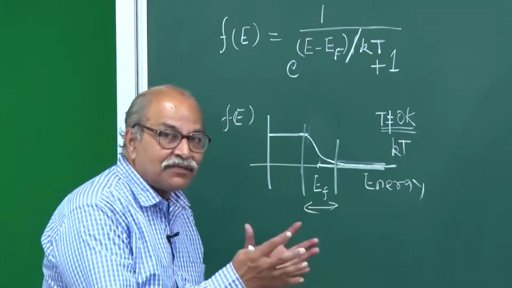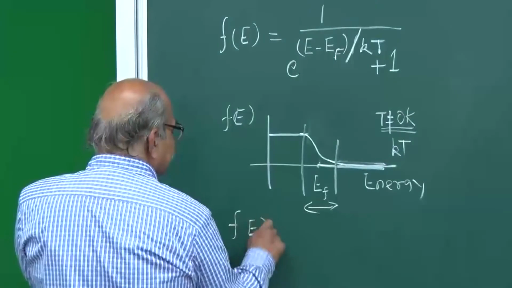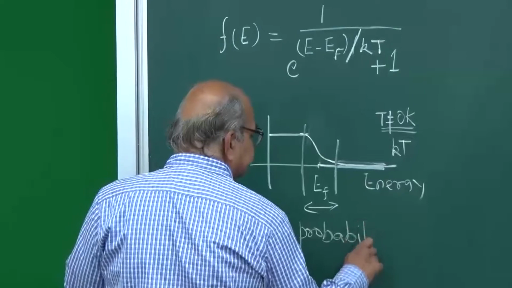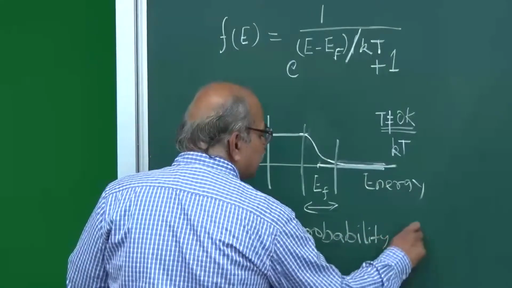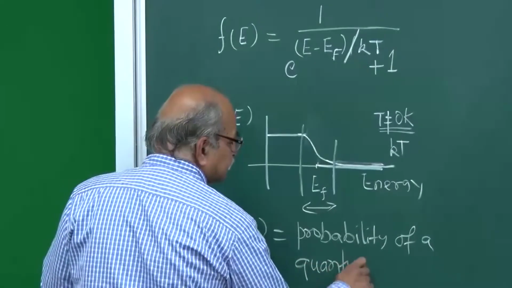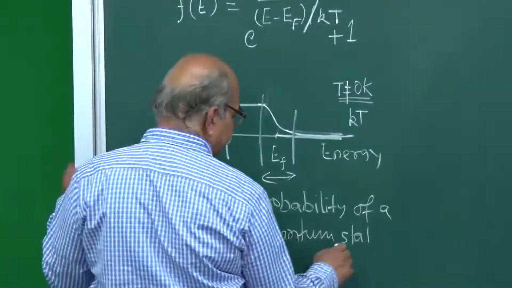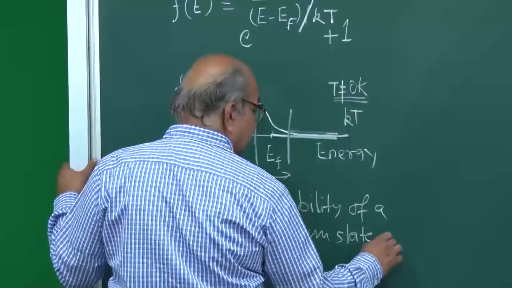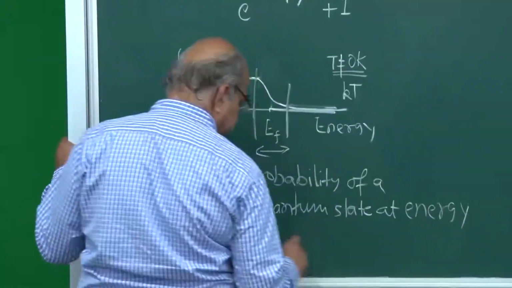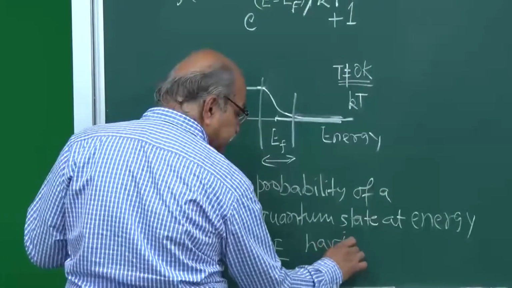Now, in our context, what is this function? This function F(E) is the probability of a quantum state at energy E having an electron.